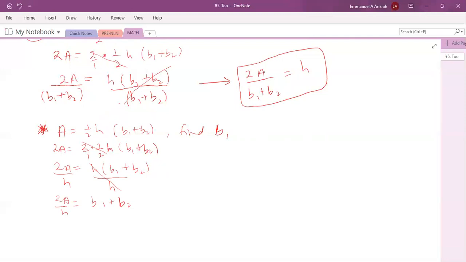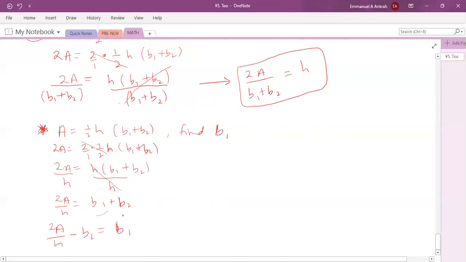How can I get B1 by itself? This time the B1 is adding on, it's addition. So you have to undo the addition by subtracting. So I take out B2 from the right side, take out B2 from the left side. So if you do that, you have 2A over H minus B2 will be equal to B1. Okay. So that will be the answer if you want to get B1 by itself.